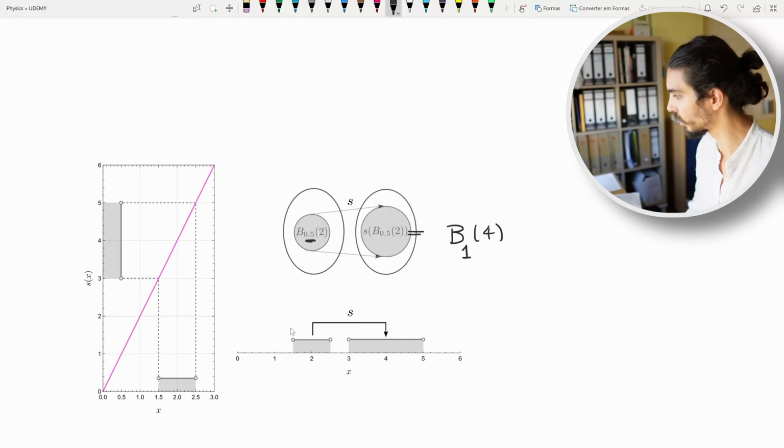So what we see here is exactly what we anticipated. The middle point will shift to the right, as you see here. So here's the initial set, and the final set will shift to the right, because now it's 4. But more than that, this initial set is small, but the final set is much wider. It's twice as large.